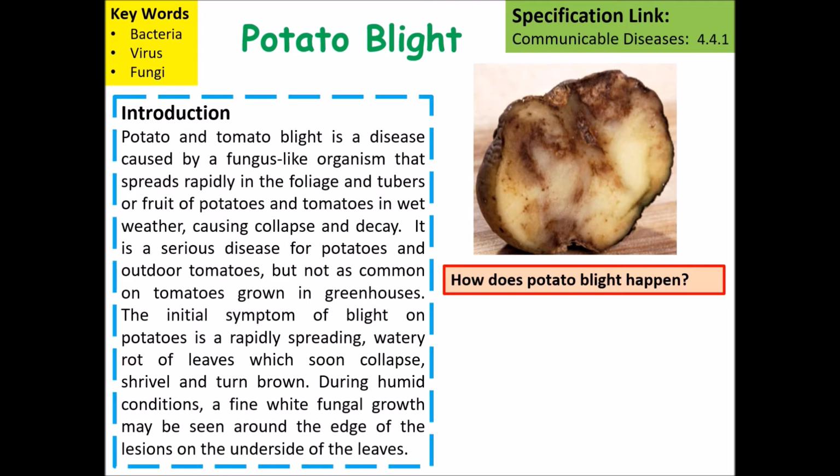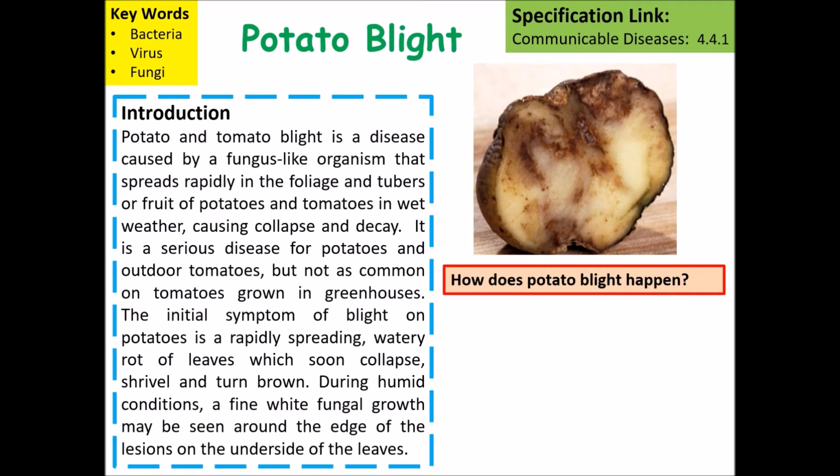The initial symptoms of blight are the potatoes having a watery consistency, a rot of the leaves above the ground, and the potatoes themselves underground will turn brown and shrivel up. So, just have a think about the question, how does potato blight happen?